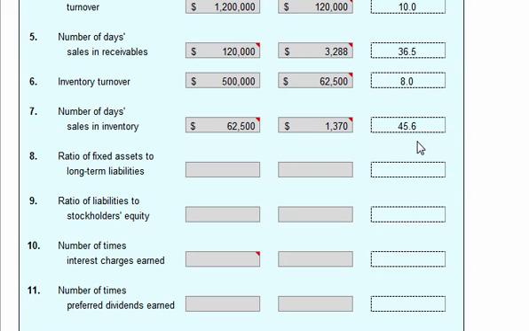Okay, the next one is ratio of fixed assets to long-term liabilities. In the top, we're going to have our fixed assets, or as we've called it a lot of times, property, plant, and equipment, at the net amount, that means the accumulated depreciation has been deducted out. And we're going to divide that by long-term liabilities. Okay, we'll go to the balance sheet for these numbers. On the balance sheet, they call it property, plant, and equipment at the net amount rather than fixed assets. For 2016, that's $1,320,000.